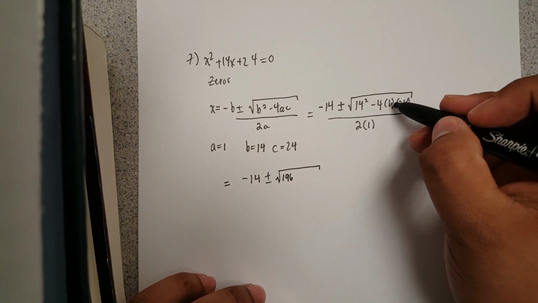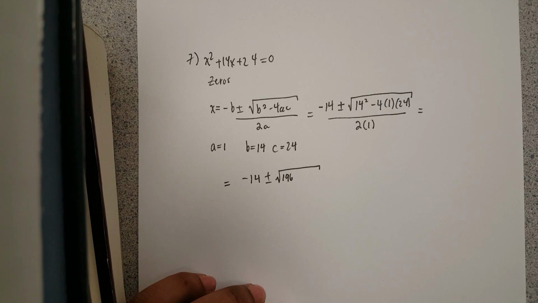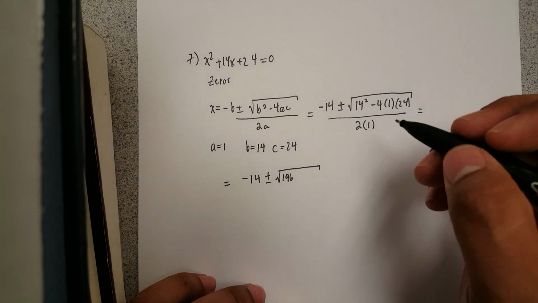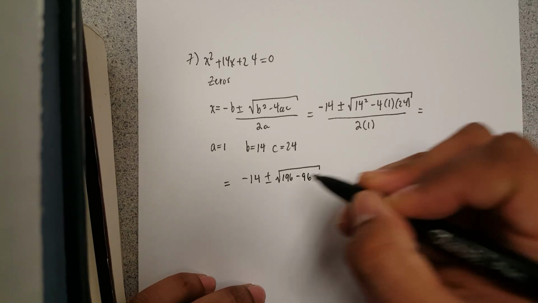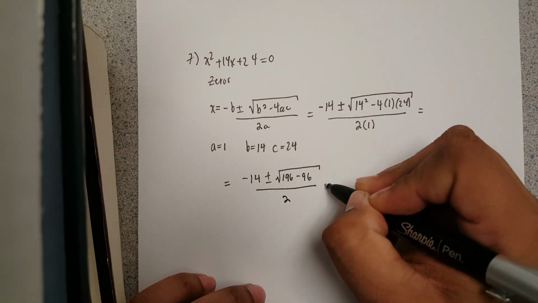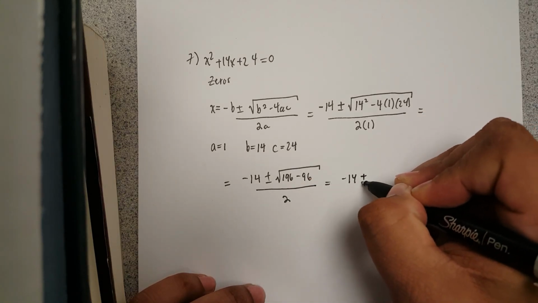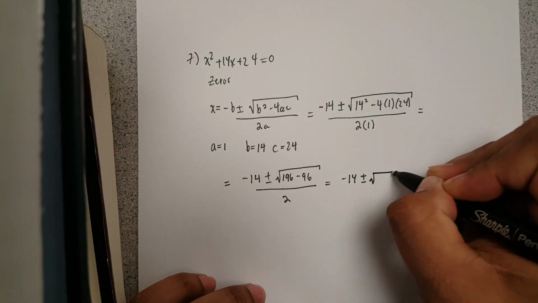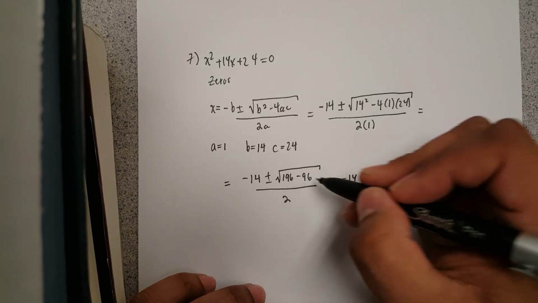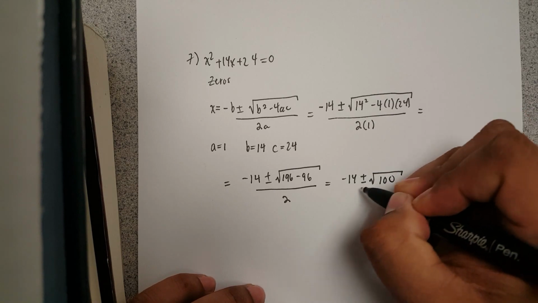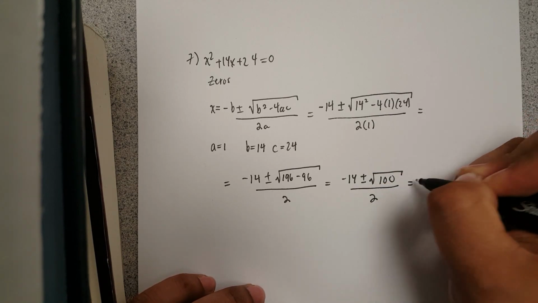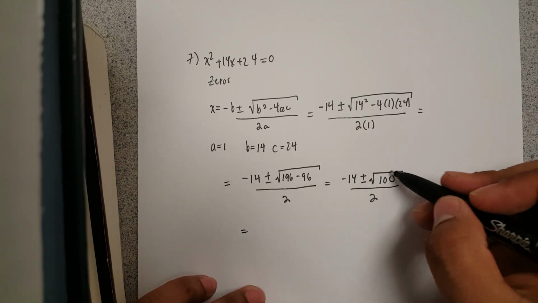And 4 times 1 is 4. 4 times 24, what is 4 times 24? It's 96. So minus 96 over 2. Okay, so we get negative 14 plus or minus the square root of 196 minus 96, which is 100, over 2. Okay, and then lastly we're going to simplify a little further.